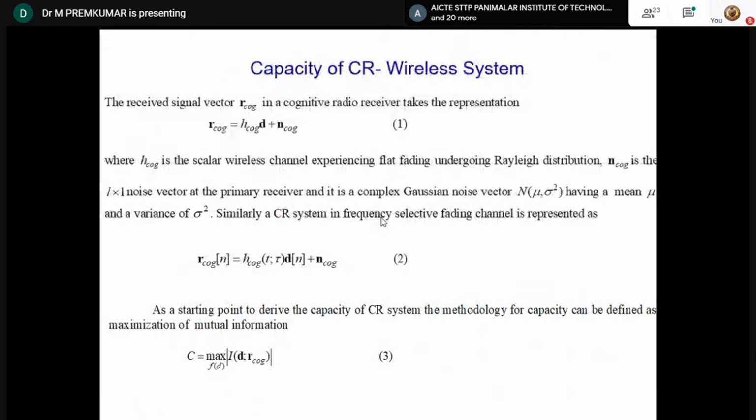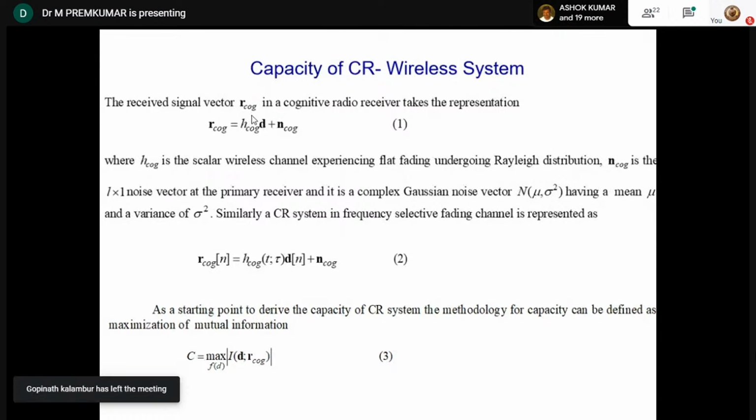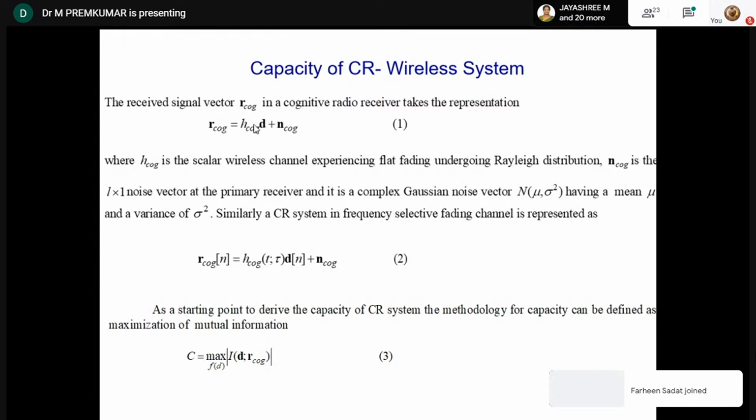Okay. Now to derive the capacity of a cognitive radio wireless system, we consider a received signal. Here R is considered to be a vector. If it is a cognitive radio system, we consider this channel H, which is a scalar wireless channel. It experiences flat fading, Rayleigh distribution, and n suffix cognitive radio is the receiver noise in the cognitive radio system.